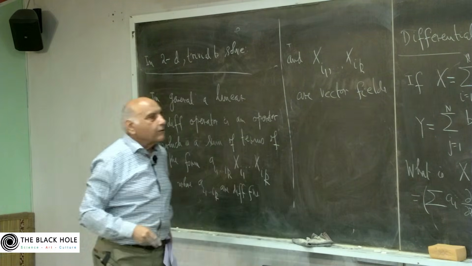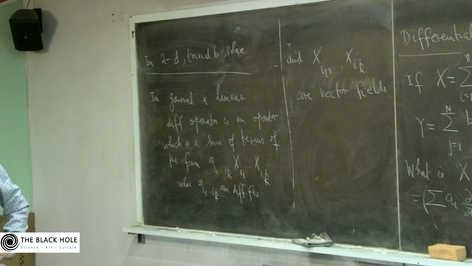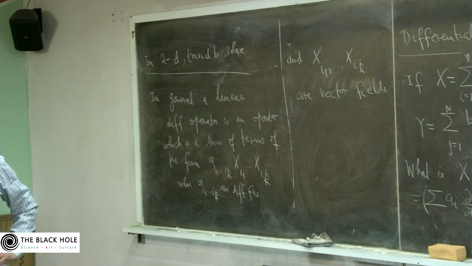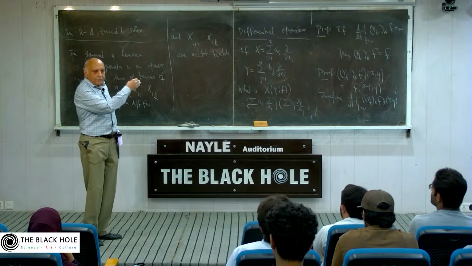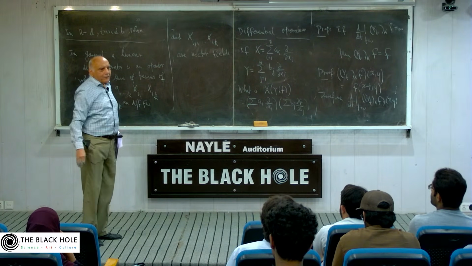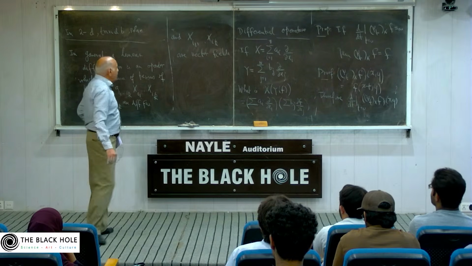So the most important for us are the Laplace operator and the wave operator. So what is the Laplace operator then? In n variables, partial 2 by partial x1 squared plus all the way up to partial 2 by partial xn squared, and similarly for the wave operator.